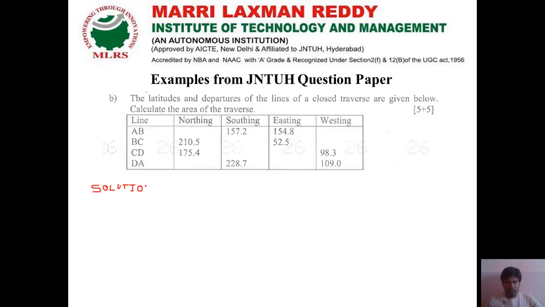So first we have to write a table related to latitude and departures. There are 5 columns. The first column is latitude. The second column is departure.